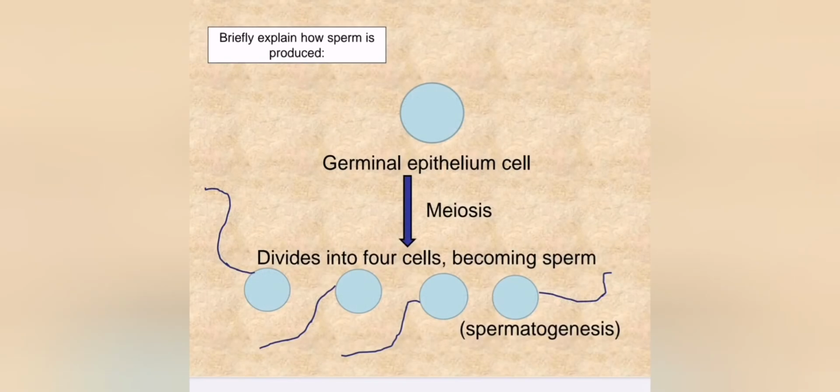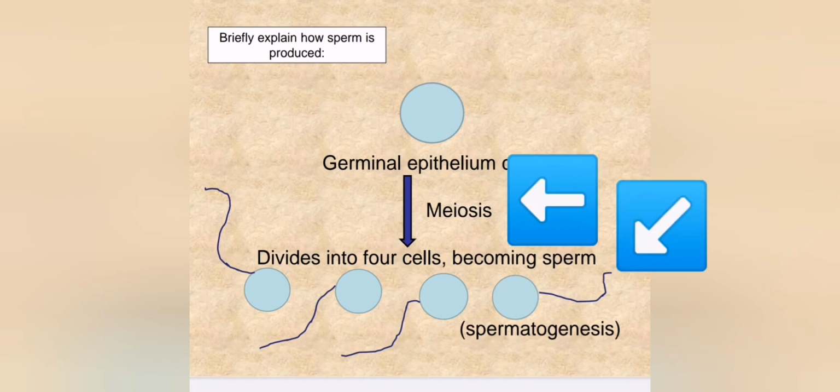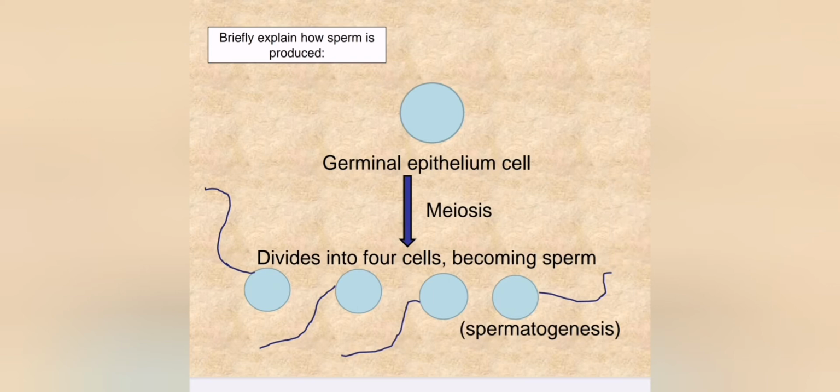This is all you need to know. Germinal epithelium cells divide by meiosis into 4 cells that each becomes a sperm, and the process is known as spermatogenesis. You don't have to know any of the other steps in between germinal epithelium and sperm. This is all you need to know, really basic.